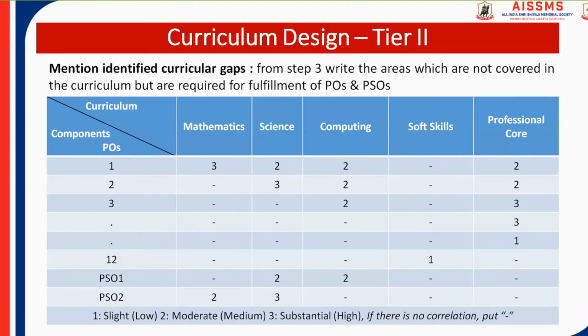In this way, for all the 12 graduate attributes and the program outcomes and your specific outcomes, you can map and identify. Wherever there is a dash, it means that that particular component is not there in your structure or curriculum which you are following of your home university.